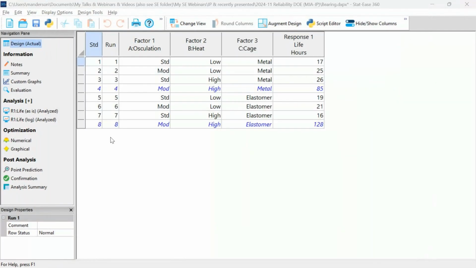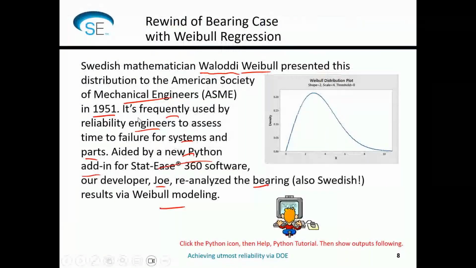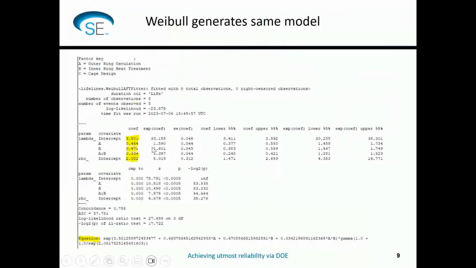All right, but I'll just show you what happens when we redo this case study using Weibull regression. And it turns out that we get the same model, which is A, B, and the interaction of A, B. But now, of course, we're not doing a transformation. We're using a special regression tool instead. And then the equation is down here.